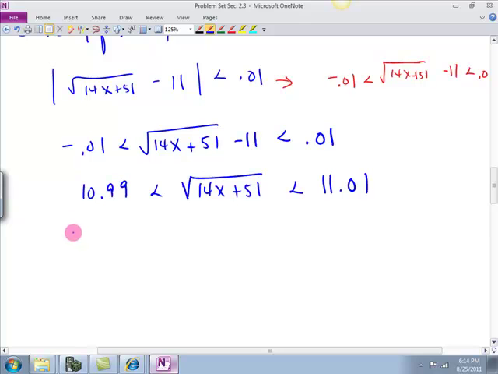What do we get? 7801. Okay. And then we have 14x plus 51 here. And then when we square 11.01, okay. So we squared everything across the board, and now we've gotten rid of the radical.